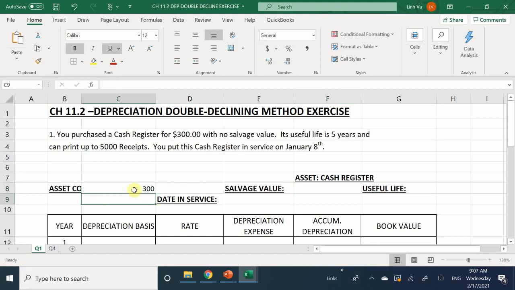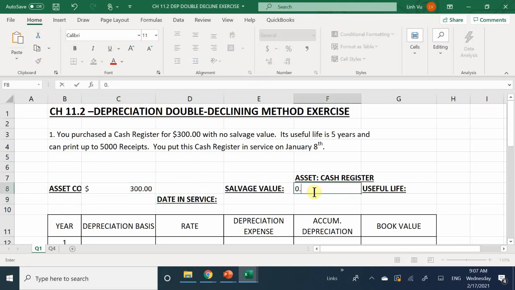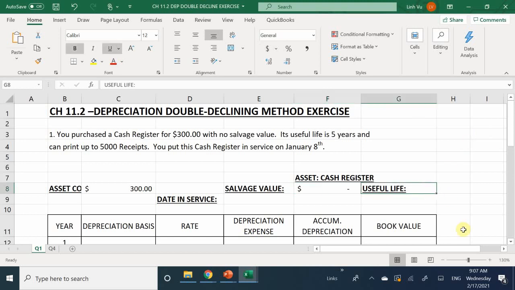Okay, $300. What's my salvage value? 0. It is 0. Okay. And what's my estimated useful life? 5 years. It is 5 years.